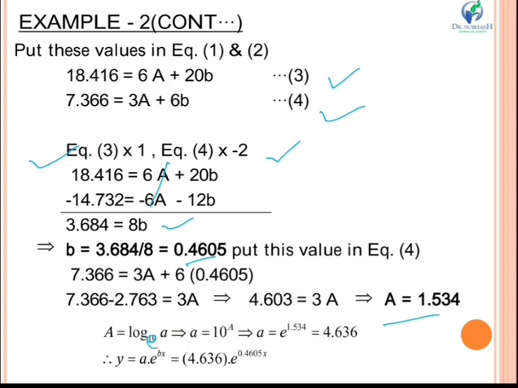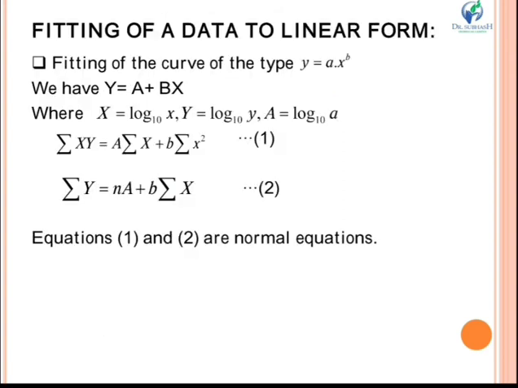This implies small a equal to e raised to capital A. This implies a equal to e raised to 1.534. We will take the exponential, which is equal to 4.636. Now I will put this value of a and value of b in the given curve, and this is our required solution for the given curve according to the data.